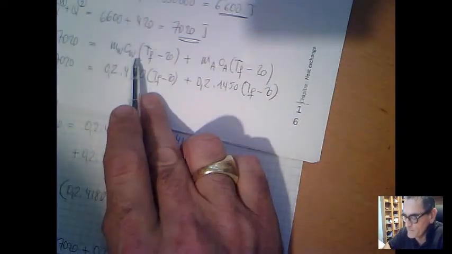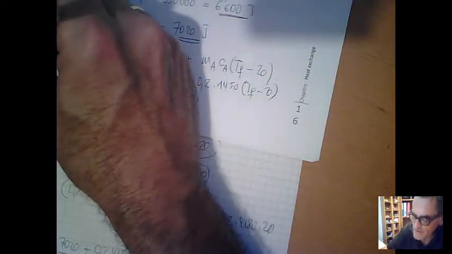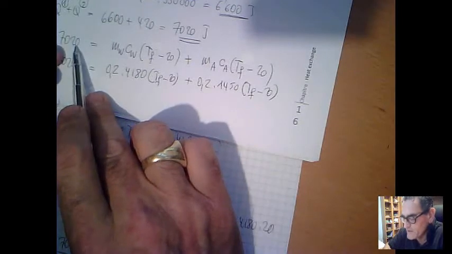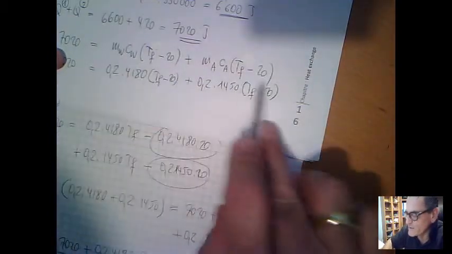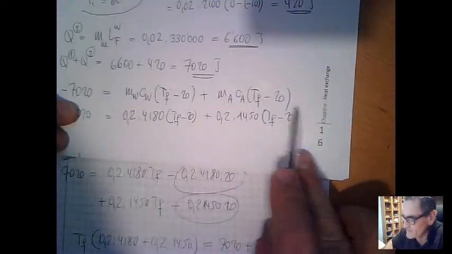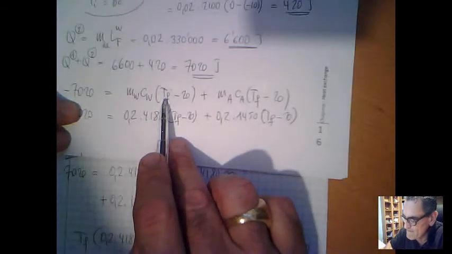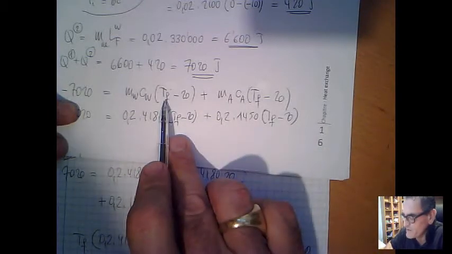Because here, maybe I should put here minus and here minus, okay? Because these are energies that the system is giving us. So these two energies should be negative, okay?